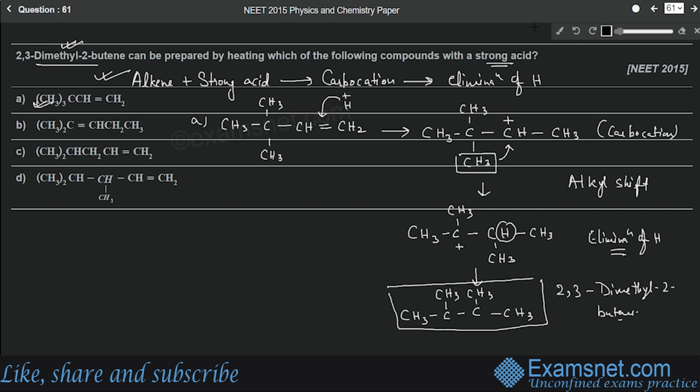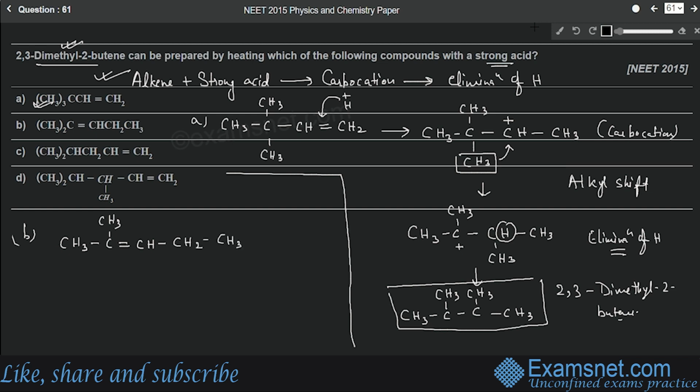So we have already got our correct answer, but still we can check one more option. Let's check the second one. First we'll separate these. If we check the second one, this is CH3 twice. So two methyl groups are attached to this carbon: CH3, CH3. Then we have double bond CH, then CH2, CH3.